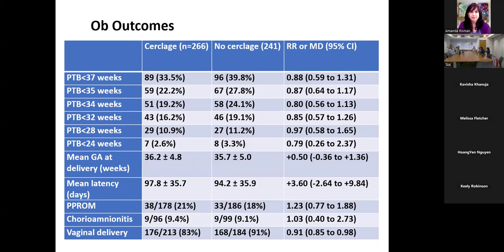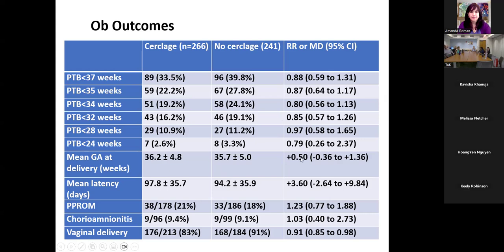So here are the results, and the results were non-significant. The primary outcome was less than 37 weeks by design. You can see that all the relative risks trended toward benefit, 20%, 15% benefit, whatever. Not as strong a benefit as singleton with a prior preterm birth, where those relative risks are usually 0.6, 0.7, but certainly a trend for benefit, which was not significant.